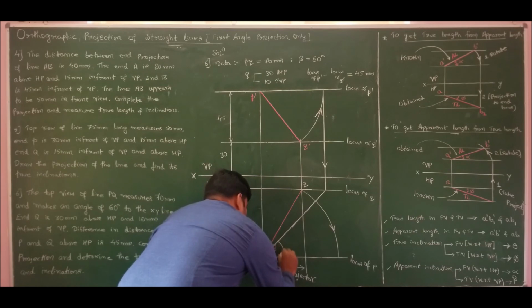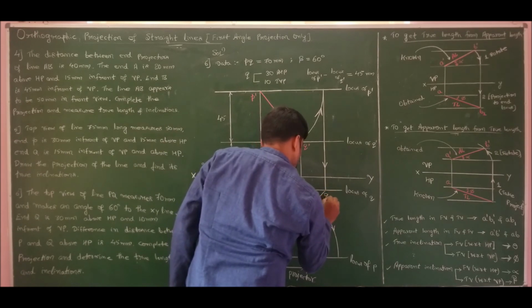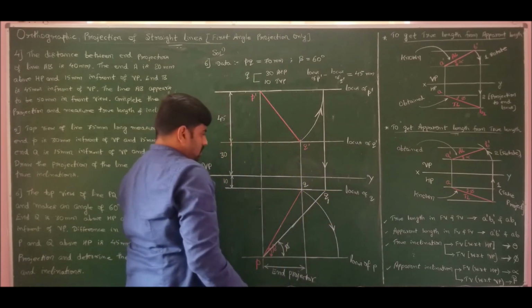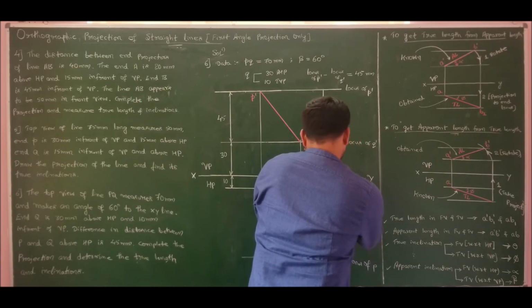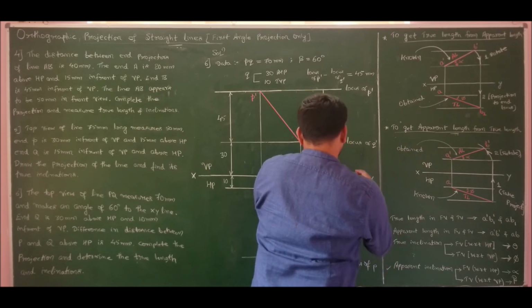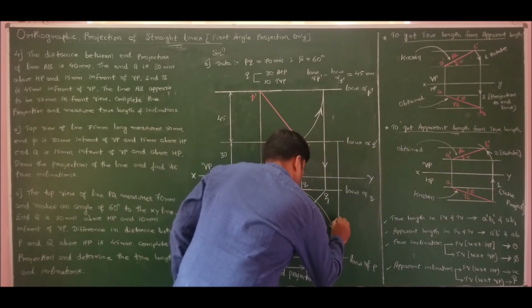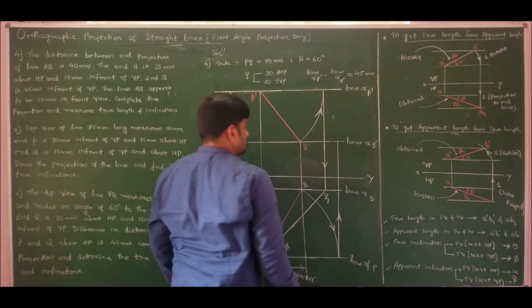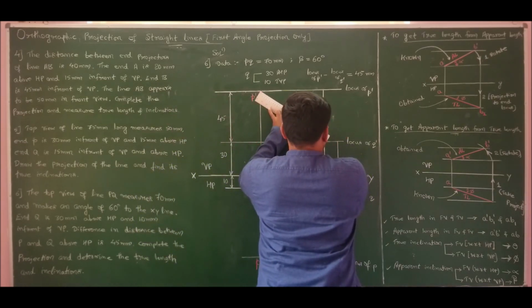So this is angle phi, and this is the true length, which is PQ1. So from here I should draw perpendicular to Q dash, extreme end locus of line PQ, Q dash. Now joining this, I will get P dash Q1 dash.